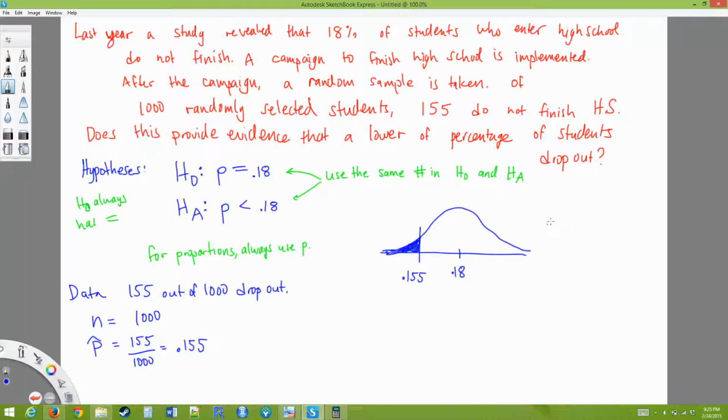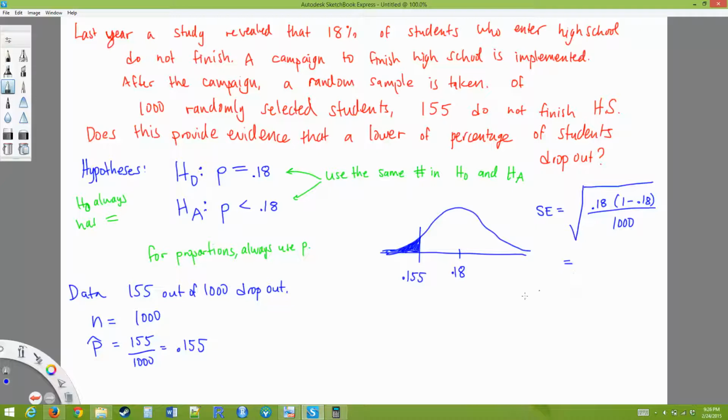So we have to figure out our standard error, and we're going to use that to get our z-score. So the standard error will be, what do I put in there? p. So do I use 0.155 or 0.18? 0.18, times 1 minus 0.18, divided by 1,000.